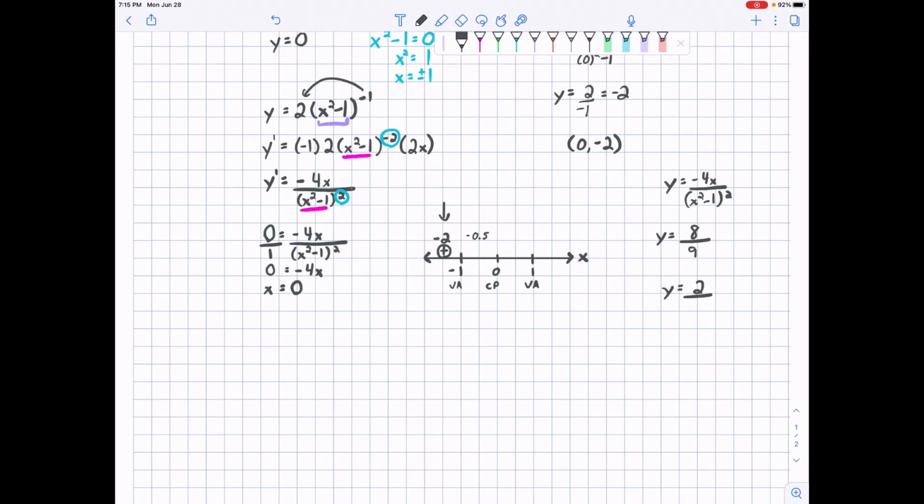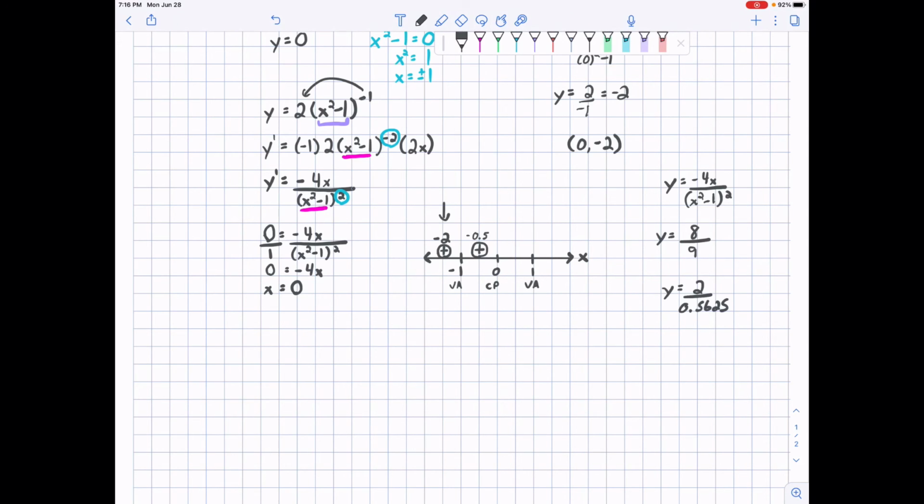And on the denominator, I would have 0.25 minus 1, which would be negative 0.75. And if I square that, I'm going to get 0.5625. Again, because that's all squared, I'm going to have a positive over a positive, which means I end up with a positive number.